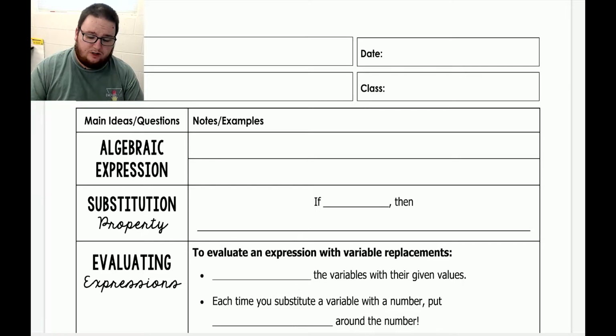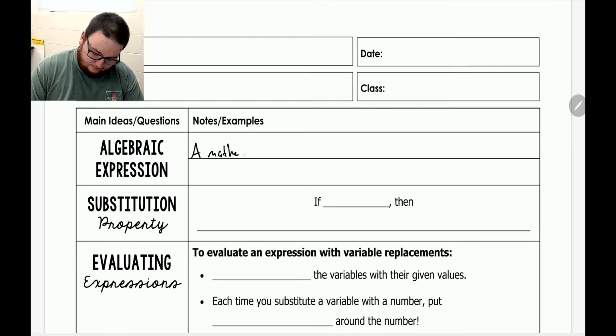So an algebraic expression is defined as a mathematical phrase made up of variables and numbers.